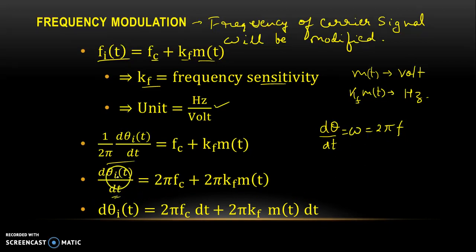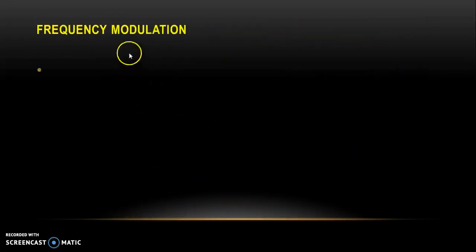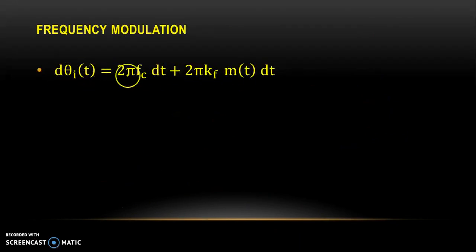Now observe this equation very carefully. You will find that this equation is written in terms of phase: a small change in phase equals a small time period, and again a small time period, and the instantaneous value of the message signal. Now if I integrate this equation, we got this equation.